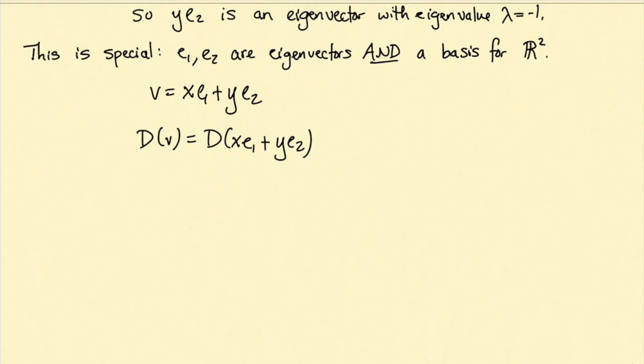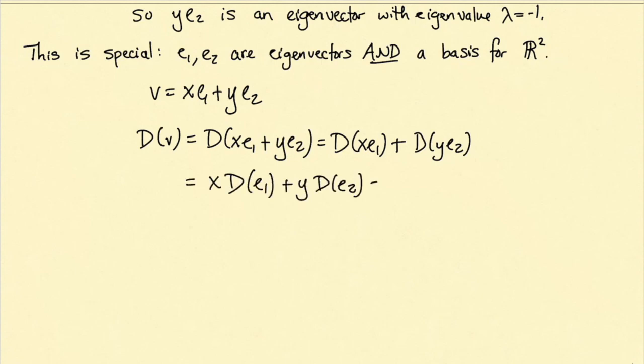And of course, linearity tells us that we can split this into the sum D multiplied by xE1 plus D multiplied by yE2. And then we can pull the scalars through. And we remember that E1 is an eigenvector with eigenvalue 3, and E2 is an eigenvector with eigenvalue minus 1, and of course, we get back to exactly the same computation that we did at the beginning.